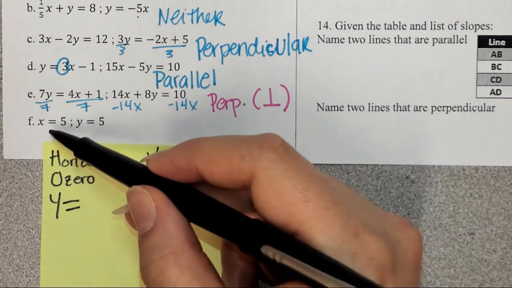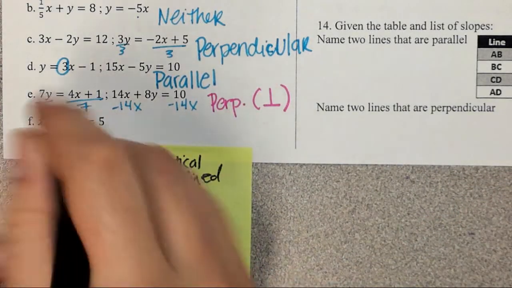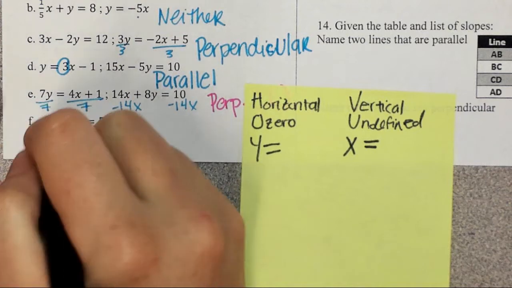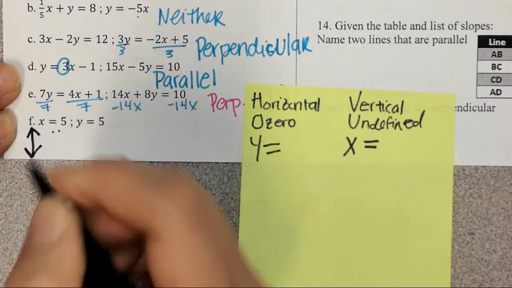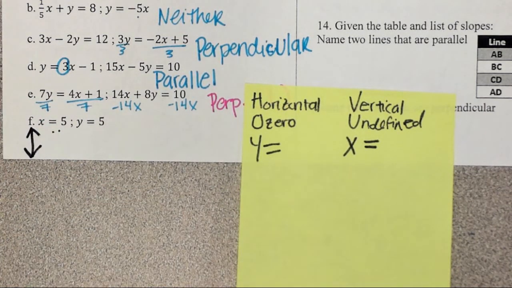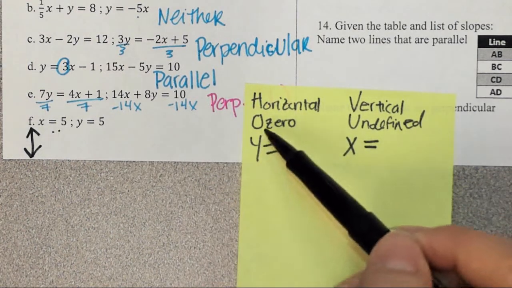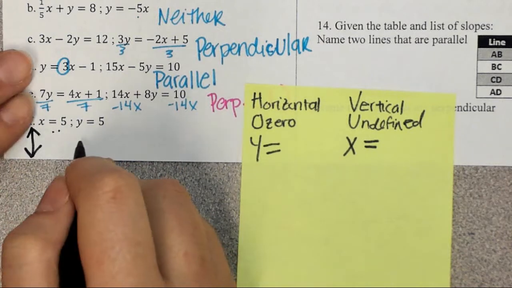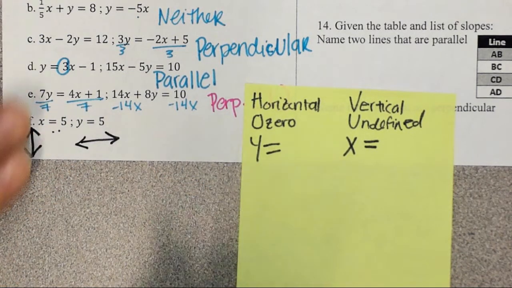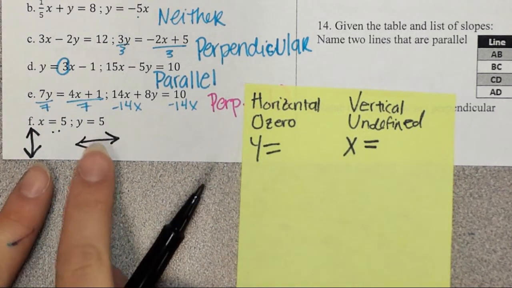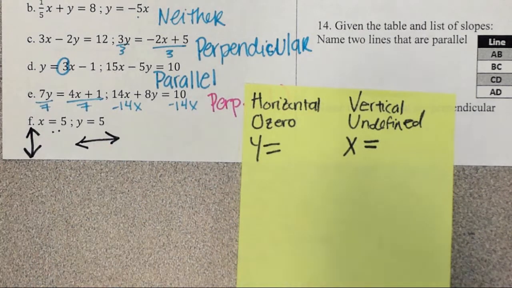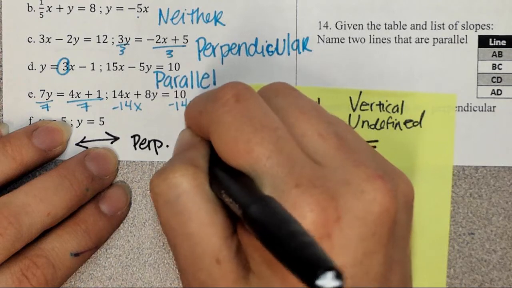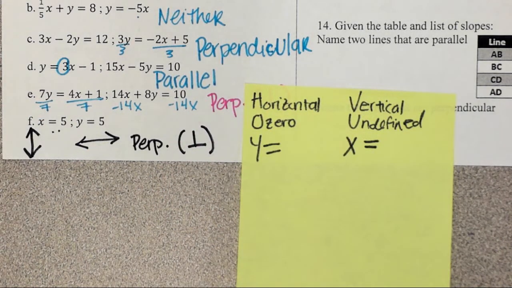So this X equals equation means that this line is a vertical line with an undefined slope, so it's straight up and down. That Y equals goes with our Hoy, our horizontal, which means that this is a horizontal line with a 0 slope. When you have horizontal lines and vertical lines, those are always perpendicular to each other.